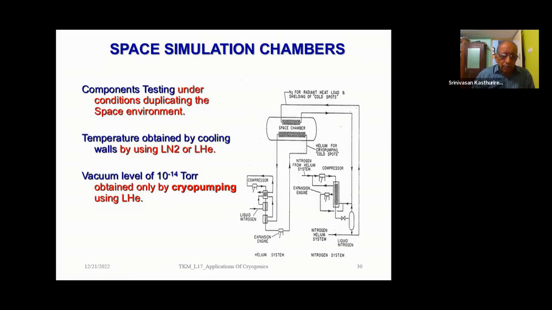Now, the actual temperature, if you are really interested, should be obtained by cooling the walls using liquid nitrogen and liquid helium. A vacuum level of 10 to the power minus 14 torr can be obtained by cryopumping, and that again uses liquid helium. So these space simulation chambers are very useful for practical applications.